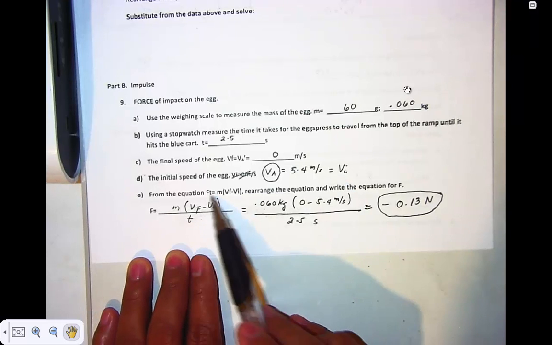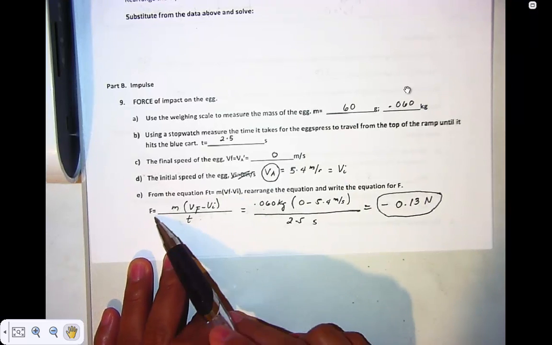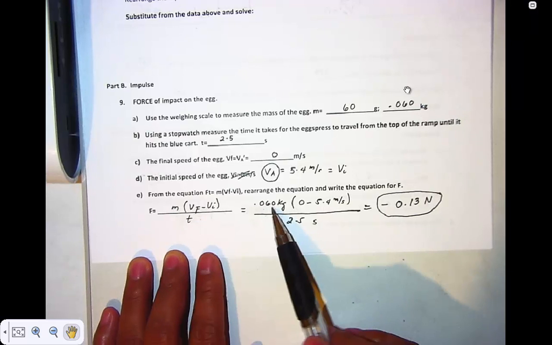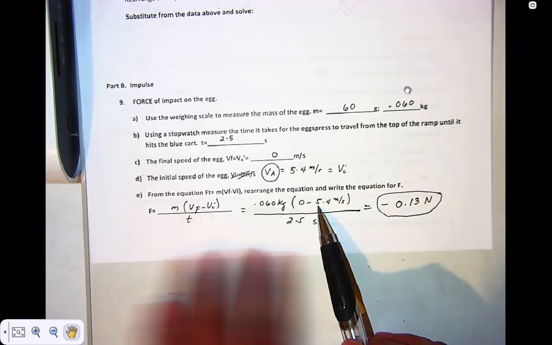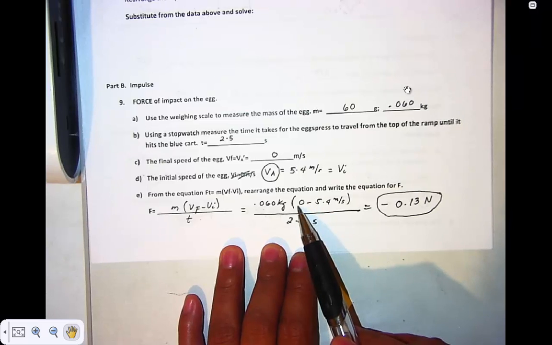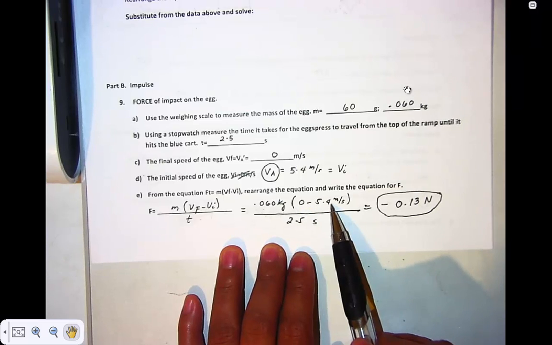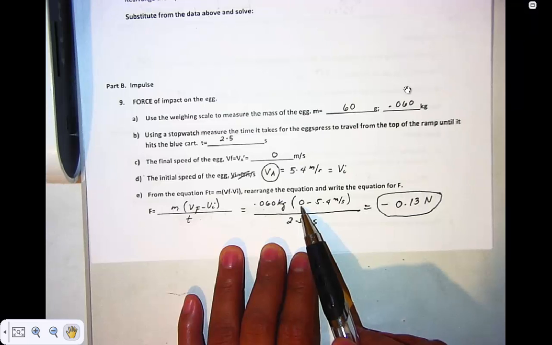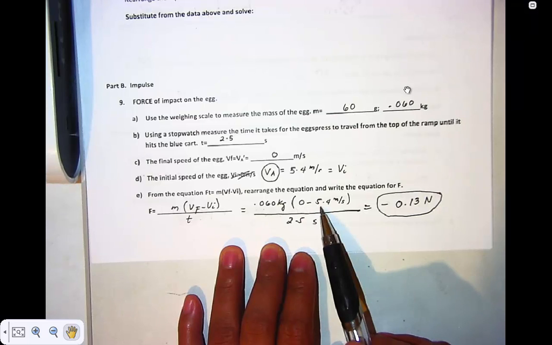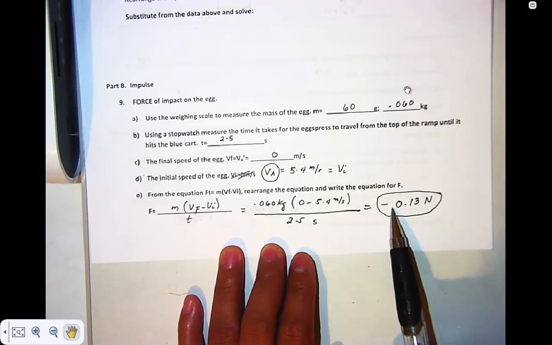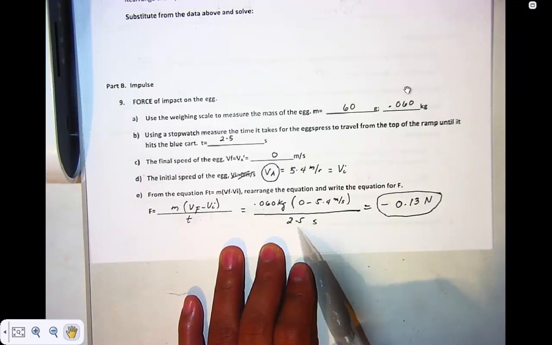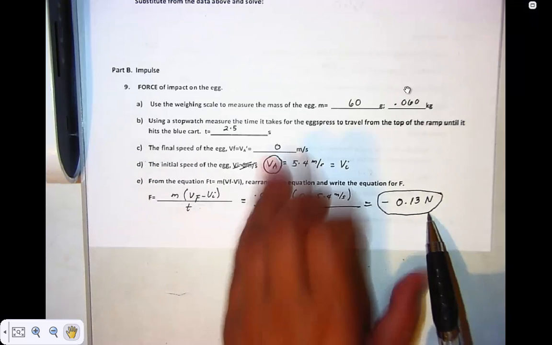Rearranging this equation, you'll come up with the force, which is this: mass times the final velocity, which is 0, minus the initial velocity. You know that your egg was slowing down, eventually stopped, so you will have a negative force there, divided by time. So it's 0.13 newtons.